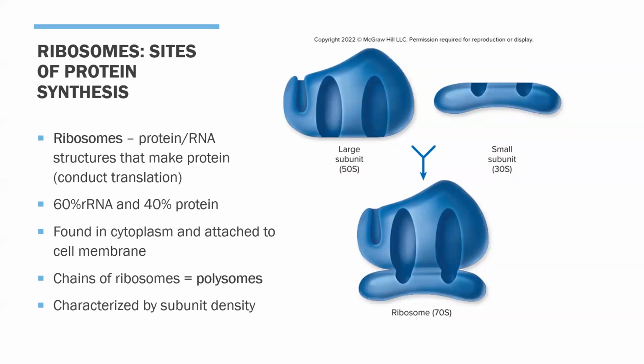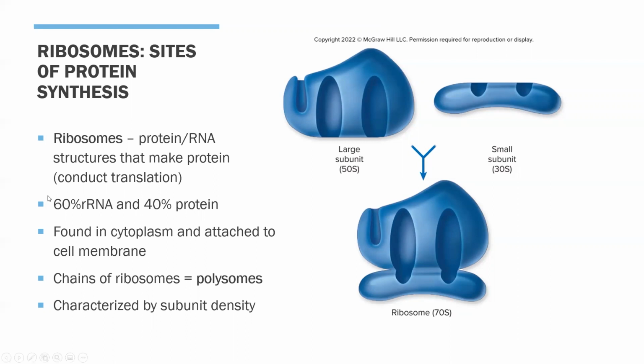As a little preview to a later chapter, DNA, that double-stranded circular chromosome, is used to make RNA, a single-stranded nucleotide kind of molecule. And then that RNA is used to make protein. So this is the central dogma. And the way that we go from that RNA to protein is with these ribosomes, these macromolecular machines.